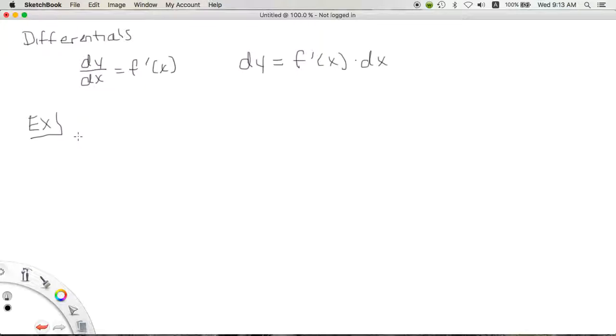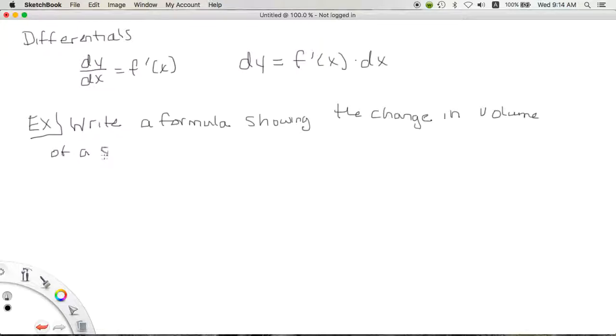So I just want to do an example for that and let you read this section for all the deriving stuff. If I give you an example where I want you to write a formula showing the change in volume of a sphere when the radius changes from A to A plus dr. So we're doing this slight little bit of change.